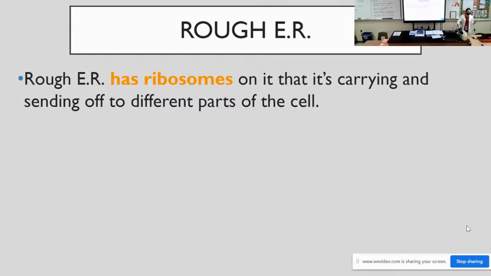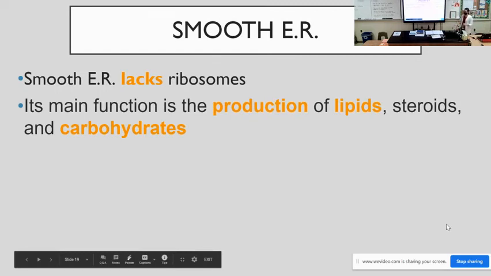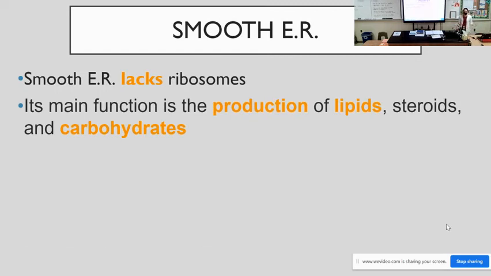So again, that would be like if you left class and were going to lunch, you were the little ribosomes moving from one place to another. Then, the second type of ER is smooth ER, and this just doesn't have ribosomes. So that would be like if you were stationary in a class or a specific location and you weren't moving, those hallways are empty, so it's smooth.